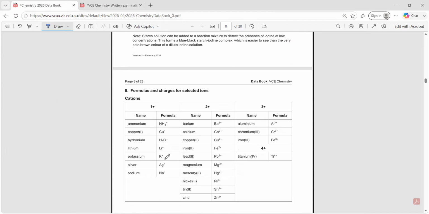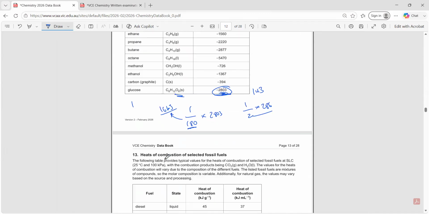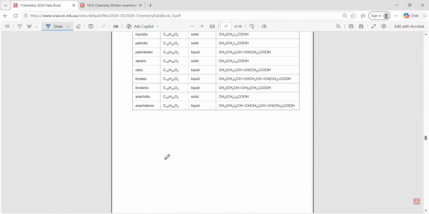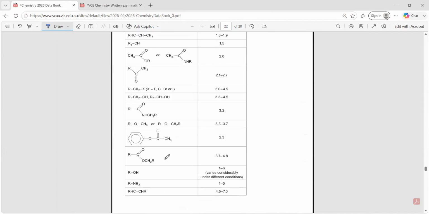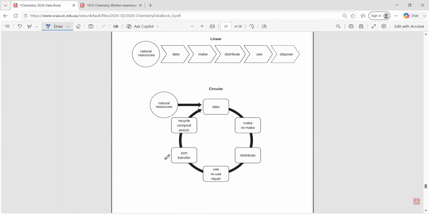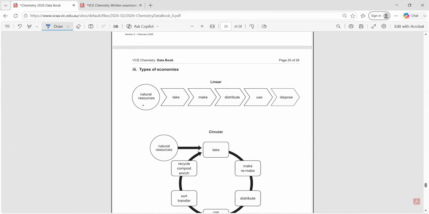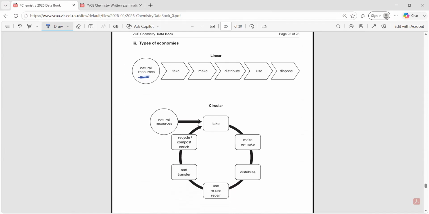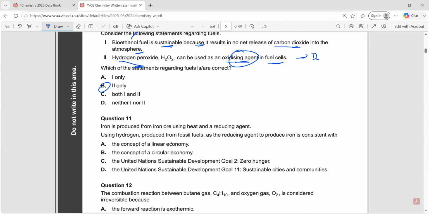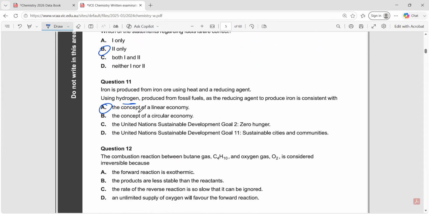Because we're using fossil fuels, this definitely wouldn't be a circular economy because we're not reusing any of the stuff. So it would be a bad thing. It'd be more a linear economy. We're using natural resources, and we're definitely not recycling or anything. We're basically using it and disposing of it, because there's no alternative use for that hydrogen. As soon as you see fossil fuels, you would not associate fossil fuels with a circular economy or the United Nations Sustainable Development Goal.